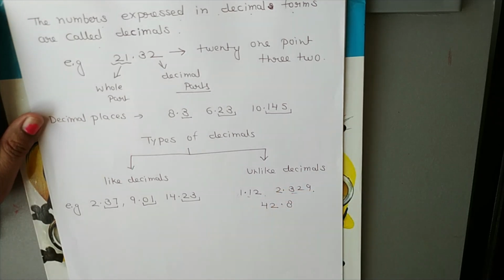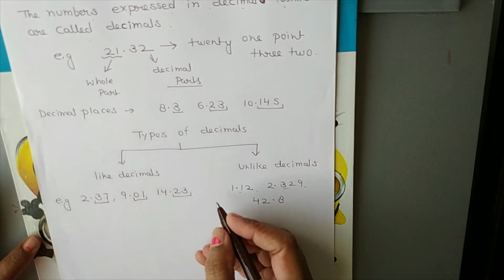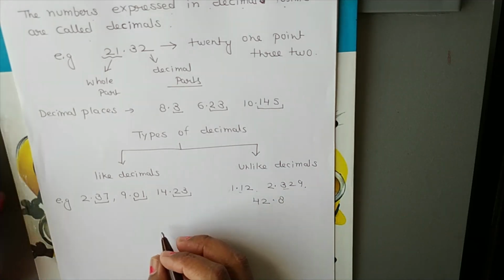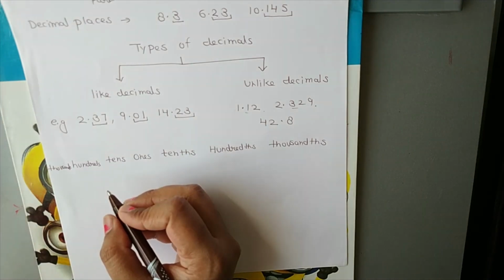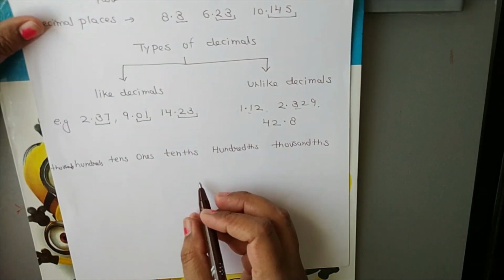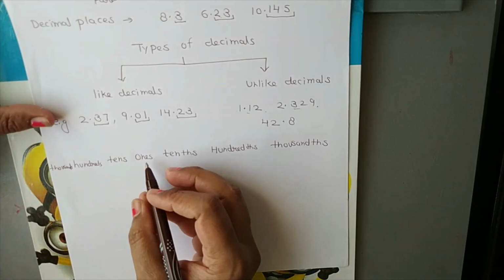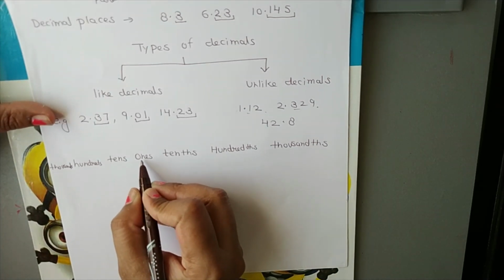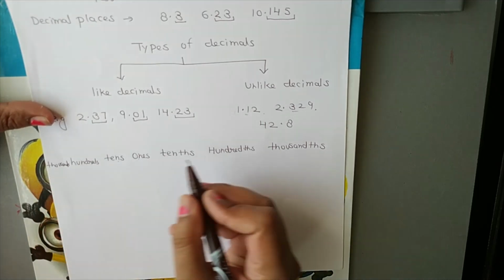Now what is the place value of a decimal? In whole numbers, it is written as ones, tens, hundreds, thousands, ten thousands and so on.